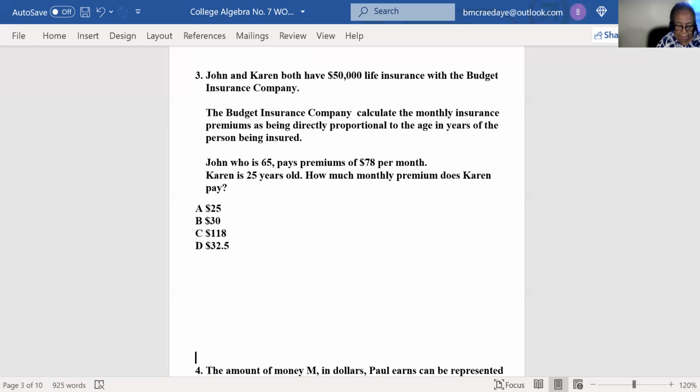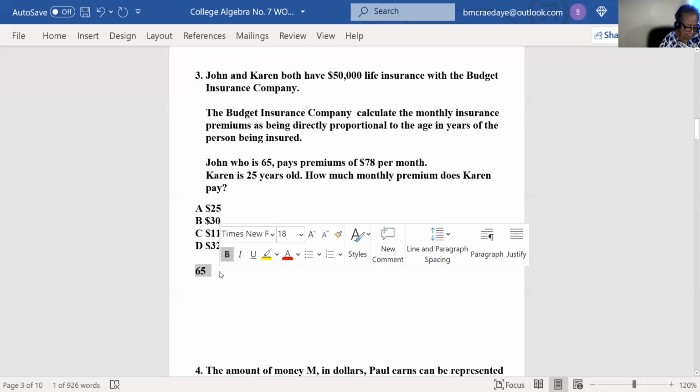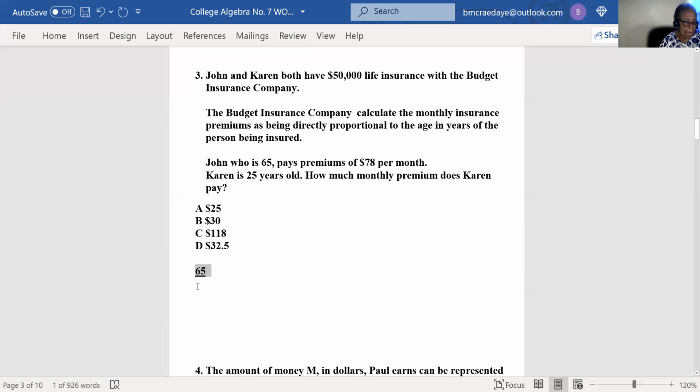So let's just set up the ratio. Now the ratio is just a fraction. The proportion is setting ratios as equal. So you would have, let's just take John, 65 years old. And he's paying $78 a month. So let's just put 78 under here.